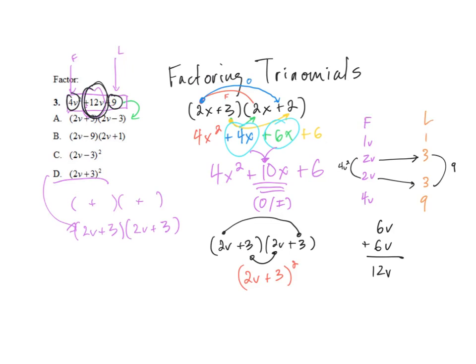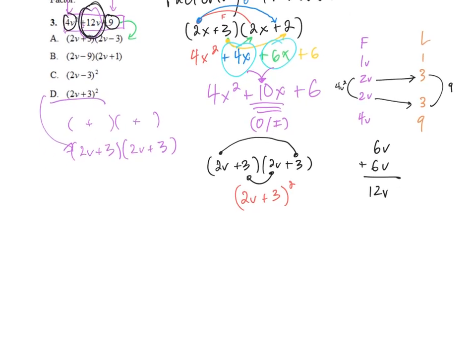Now some students will use this box method, and let's say I used, instead of the 2v and the v, let's say I used 4v and v, and I did 4v plus 9 and v plus 1.